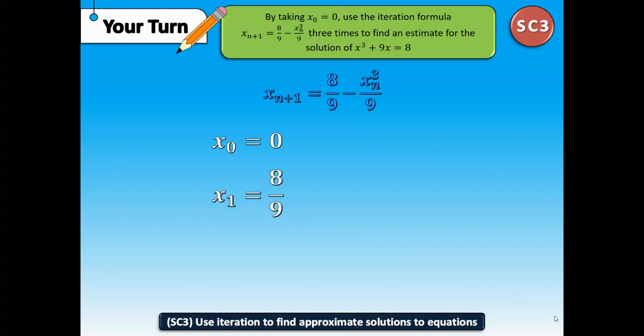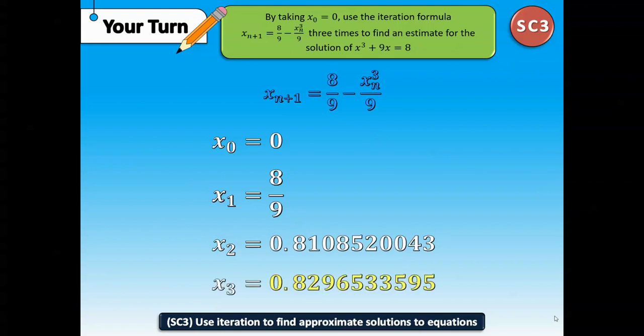So if we start by taking x_0 as 0, then x_1 will be 8 over 9, x_2 will be that number there, and finally x_3 will be that number there.